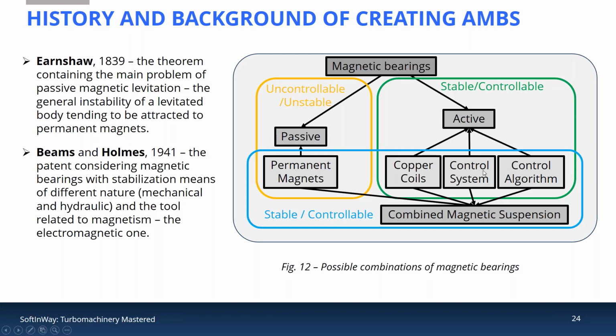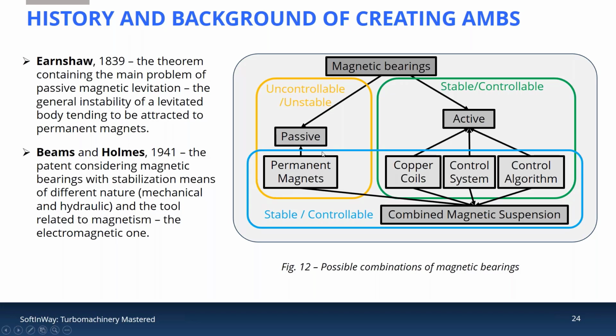So as you can see on this figure, if we use active magnetic suspension that was previously shown with copper coils and windings, with a control system, with its own algorithm, we have stable and controllable suspension. On the other hand, if we add some permanent magnets and exclude some degrees of freedom from a controllable part, we still can have stable and controllable magnetic suspension.